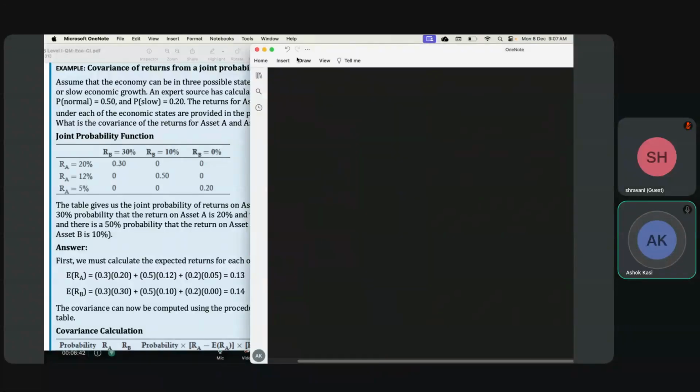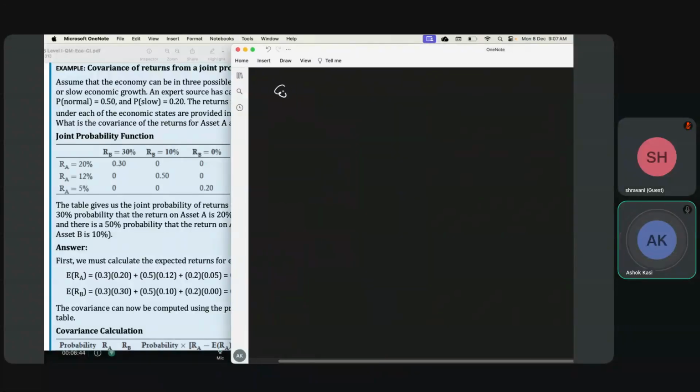Normally the covariance formula is summation of x minus x bar into y minus y bar, divided by n minus 1.